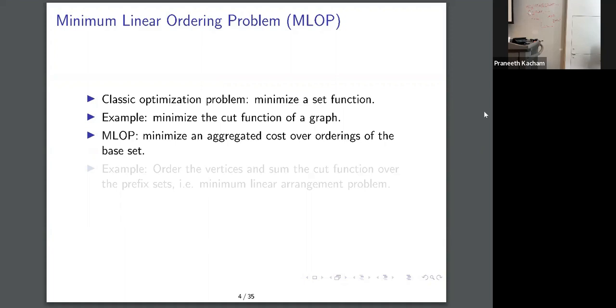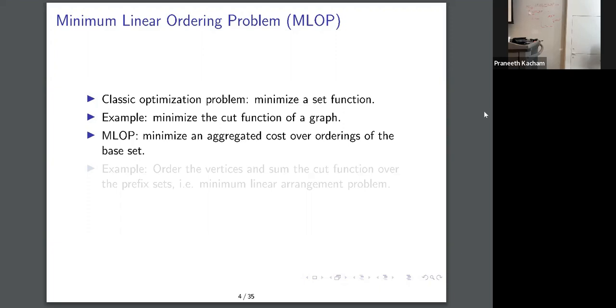So the classical minimum cut problem wants to put some vertices here, some vertices there, and minimize the number of these edges. But the minimum linear ordering counterpart, so can this also be seen in the video? No. No?